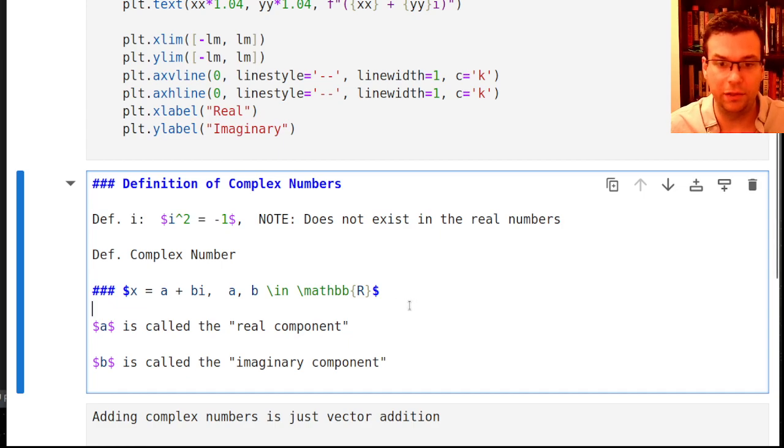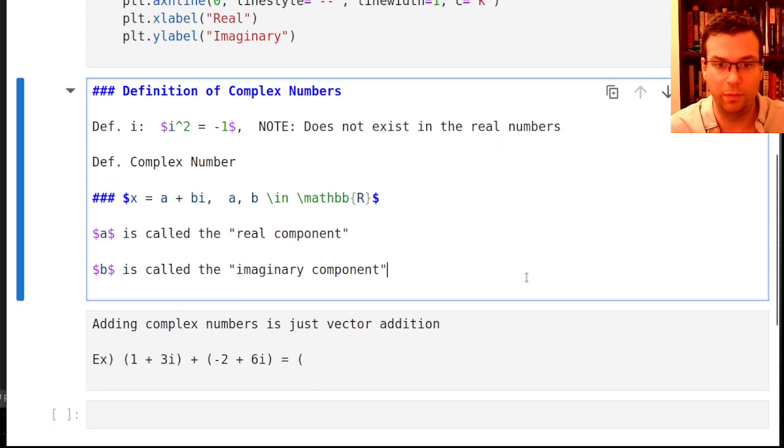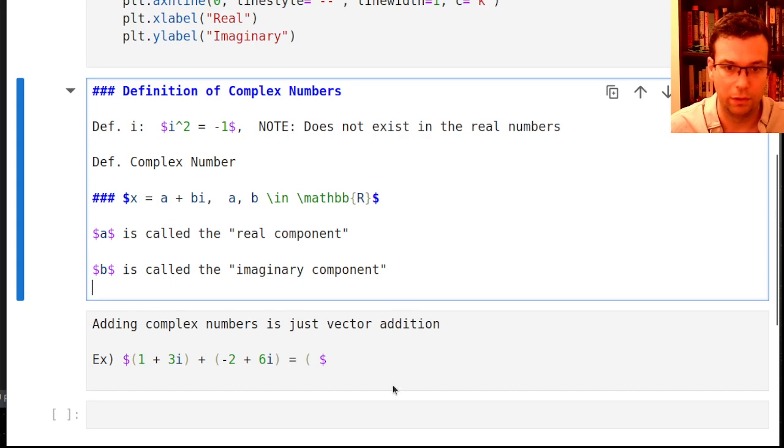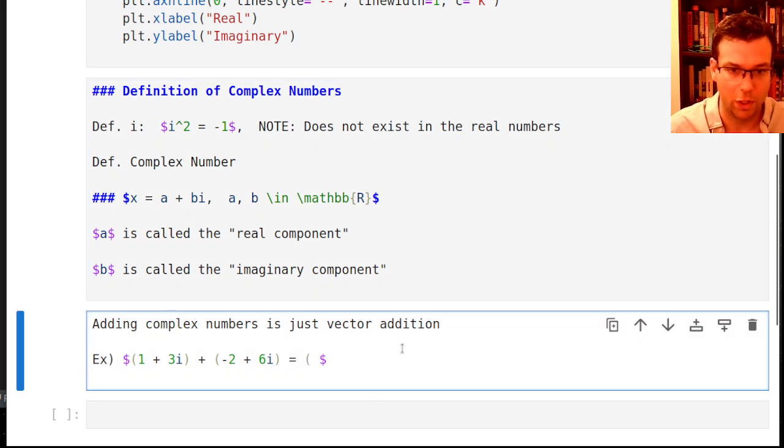And we add the coefficients of these components independently. So I would say here, okay, 1 plus 3i plus -2 plus 6i, that is just going to be 1 plus -2, so that's -1 for the real component, plus 3 plus 6, which is 9 for the imaginary component.